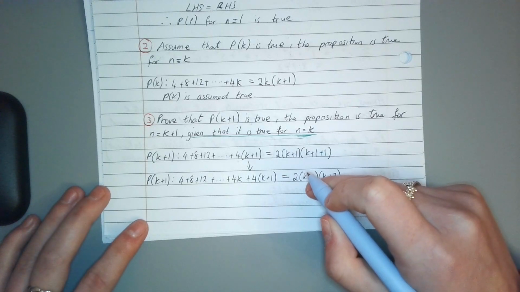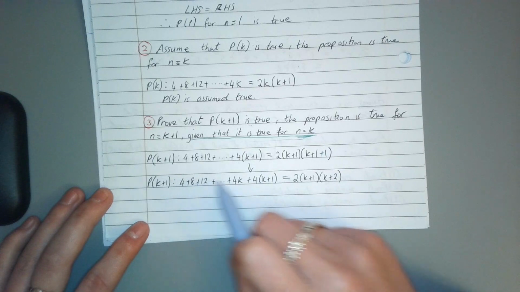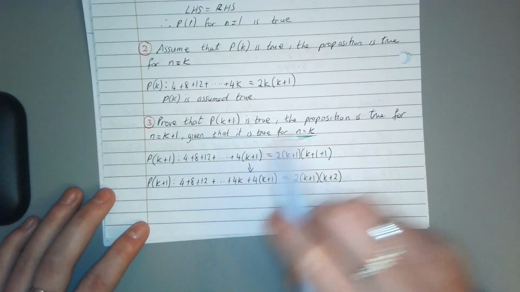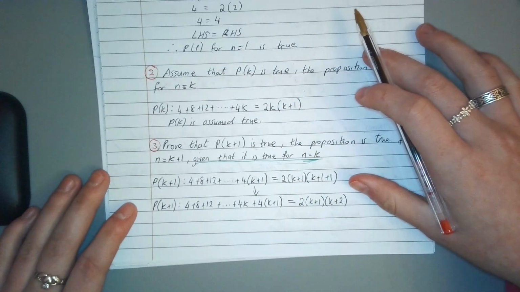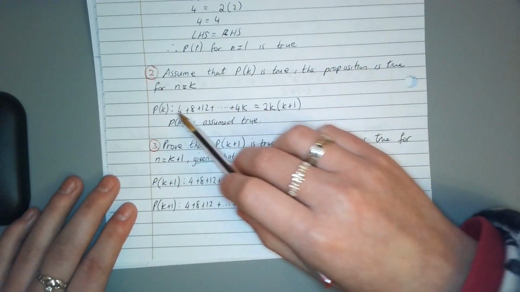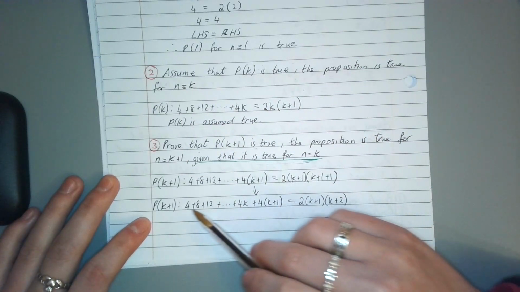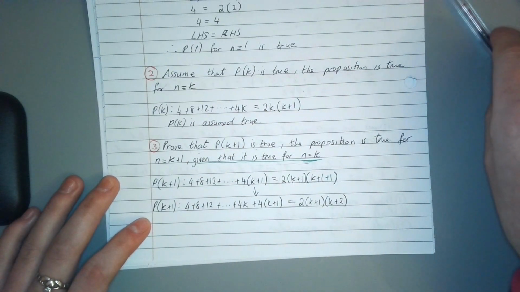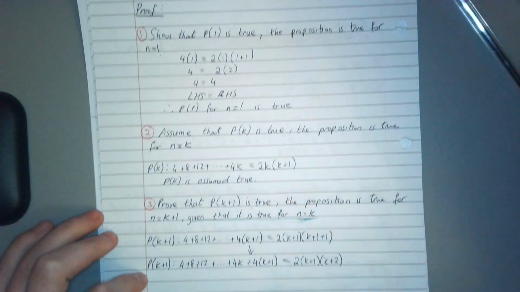Okay, so we want to tidy this left hand side up a small bit. If we look at step 2 here and step 3 down here, this part, let me see if I can get a highlighter, a green pen.